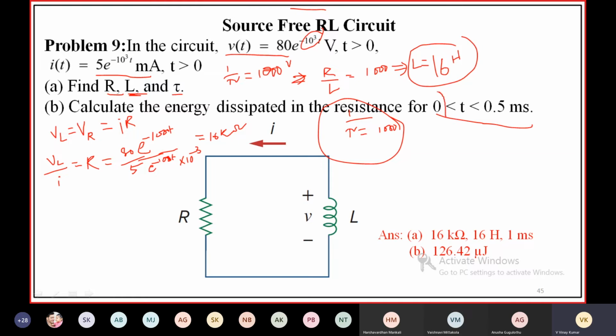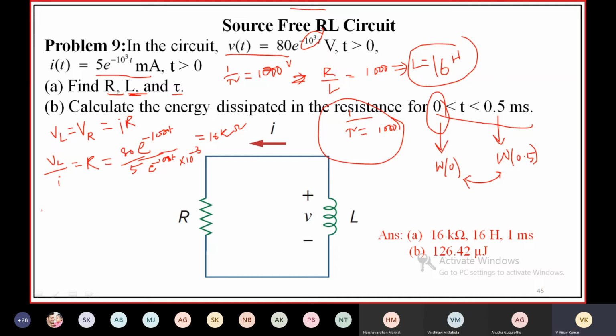First let us find the initial energy, the energy at t equal to 0, and the energy at t equal to 0.5 milliseconds. Then we will know the energy dissipated in the resistance from 0 to 0.5 milliseconds.